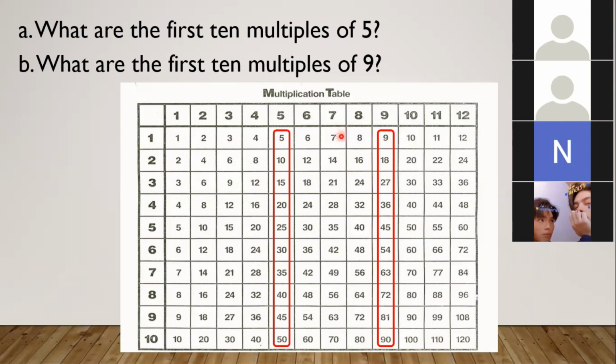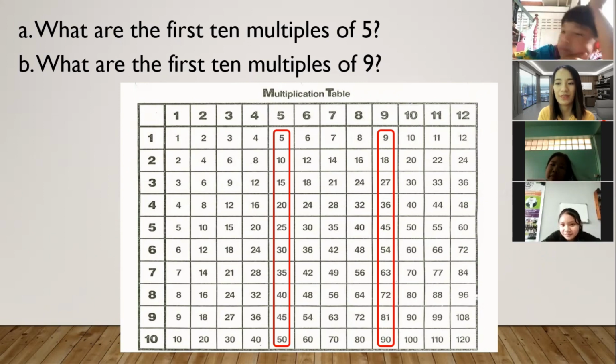First 10 multiples of 9 are 9, 18, 27, 36, 45, 54, 63, 72, 81, 90. So if I ask you, what is the second multiple of 9?